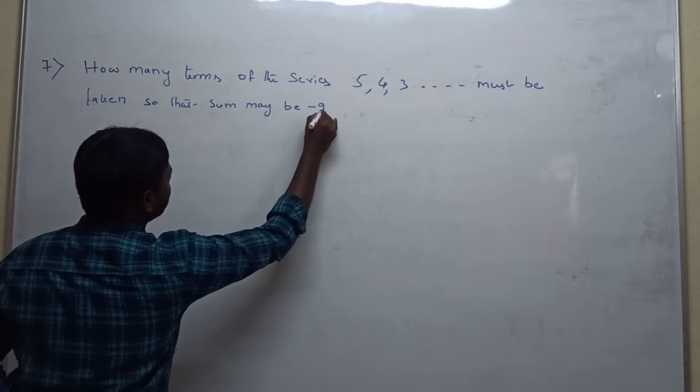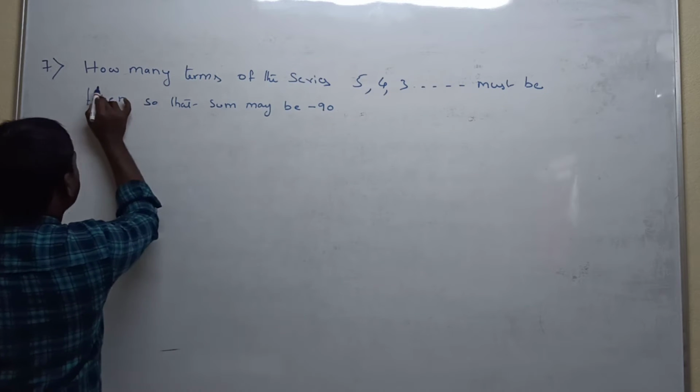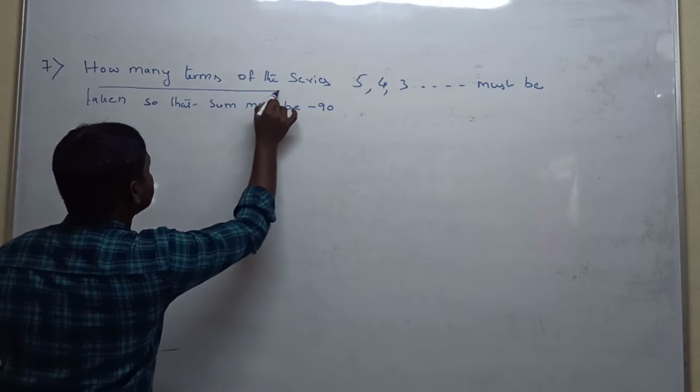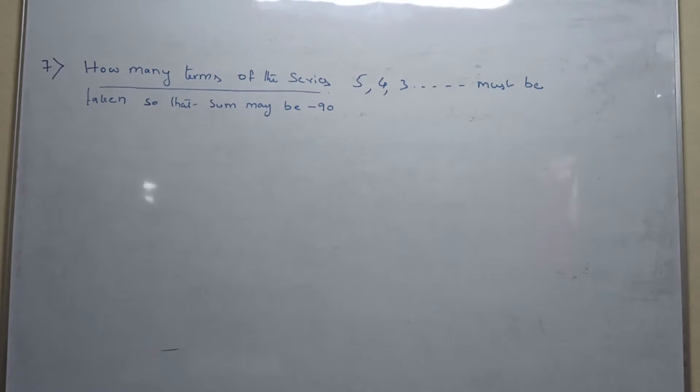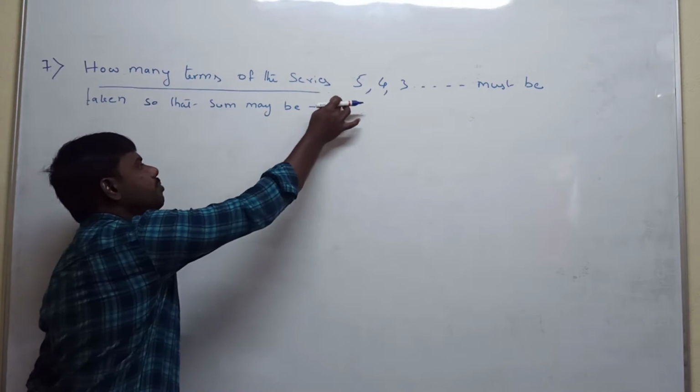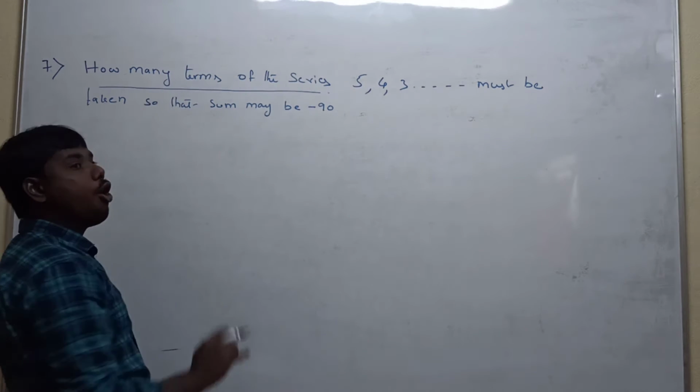What they are asking us to calculate is how many terms of the series give the sum value of minus 90.